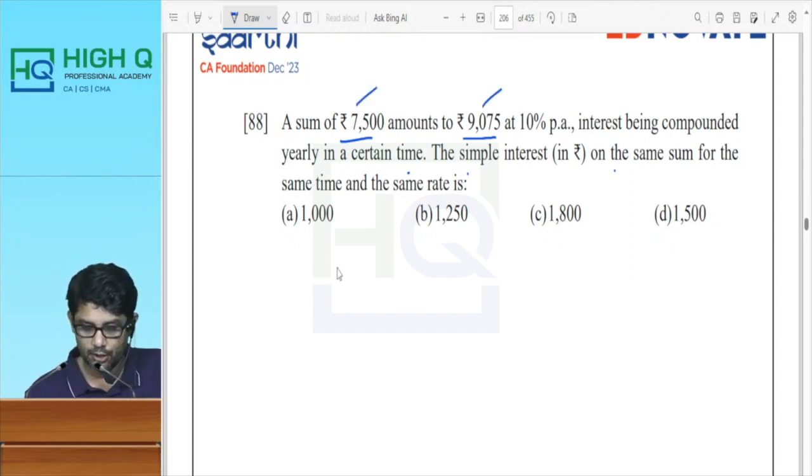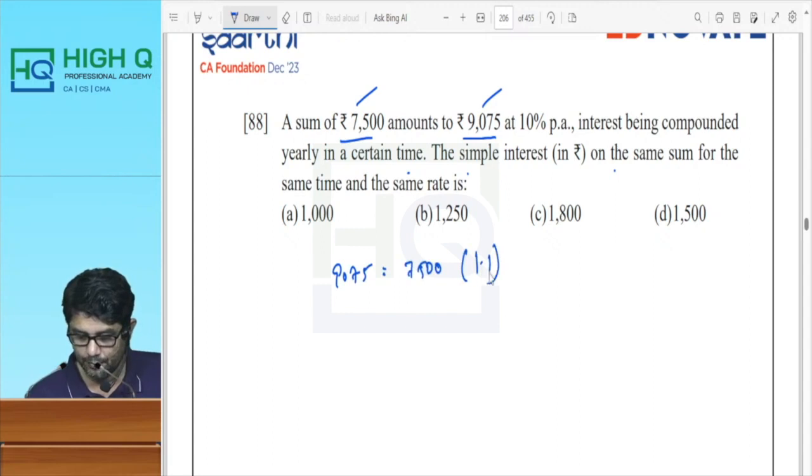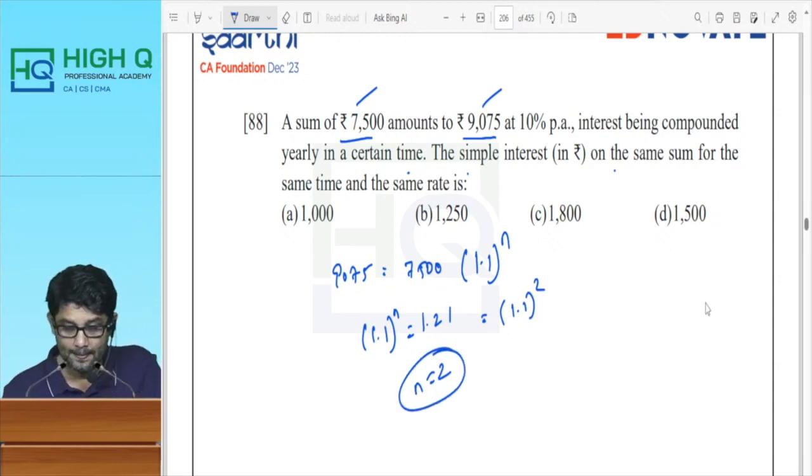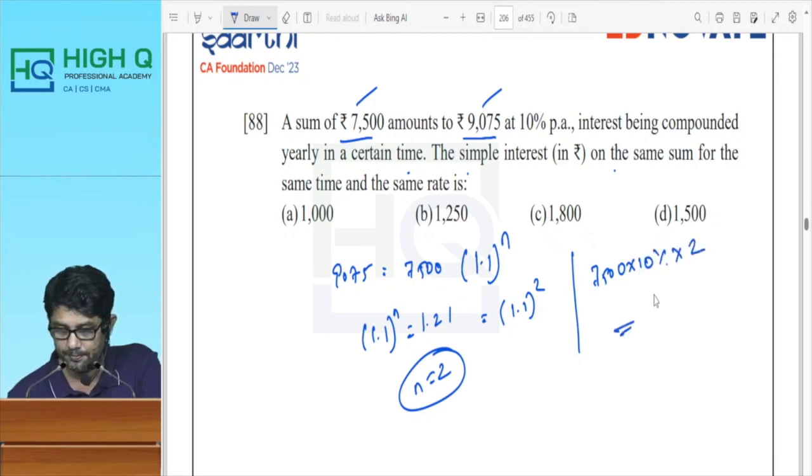Am I right? 9075 is equal to P into 1 plus i whole power n. So 1 plus i whole power n is 1.21, which is 1.1 the whole square. Are we getting n equal to 2, my dear? So 7,500 into 10% into 2 is 1,500.